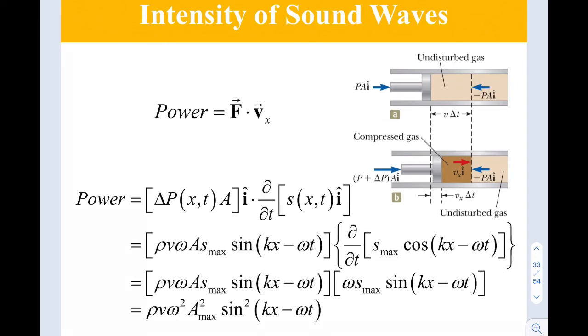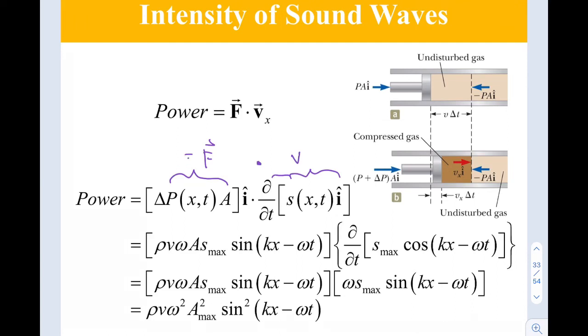And we know that power is equivalent to F dot V. Pressure times A is the F. This is actually your F dot your ds over dt, which is actually V, because it's ds over dt.